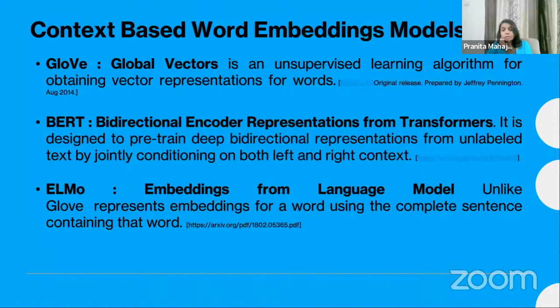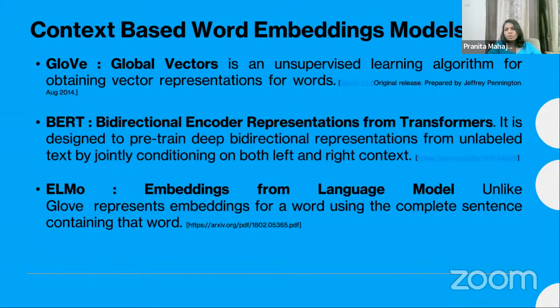And then the next most competitive one is ELMo, Embeddings from Language Models. Unlike the GloVe representation, it represents the embedding for a word using the complete sentence containing that particular word. There is always a debate between BERT and ELMo about which one is better.